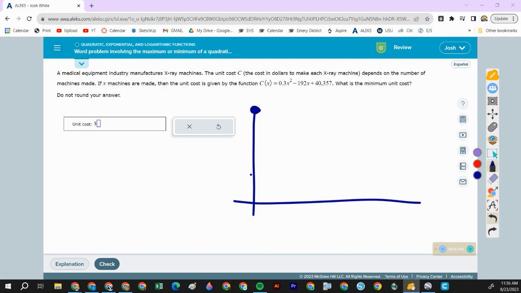But there's usually a point where building more X-ray machines costs more money. Maybe you run out of room in the building, or maybe there's only so much material out there. And once you use up all the cheap material, then you have to buy expensive material from somebody else. So the cost per X-ray machine might look like this.